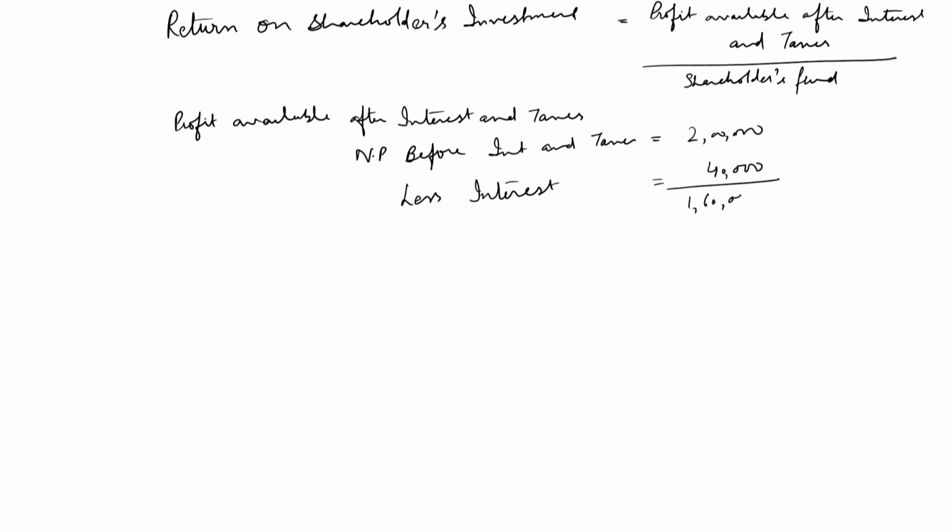We get rupees 1,60,000 as the balancing figure. Then out of that we pay taxes at the rate of 50% of 1,60,000, which comes to a figure of 80,000. So this balancing figure of 80,000 is the profit available after interest and taxes.